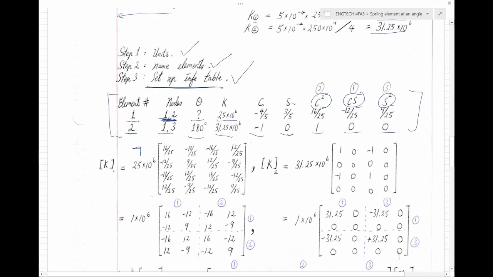Now we want to add these two matrices together because they have a common node. In the first matrix, this portion looks after node 1, and the other portion handles all the information of node 2. For the second stiffness matrix, the first portion looks after node 1 and the other portion looks after node 3 information.